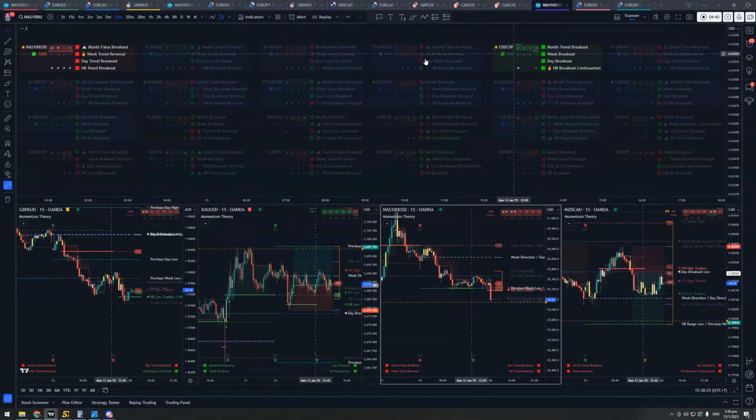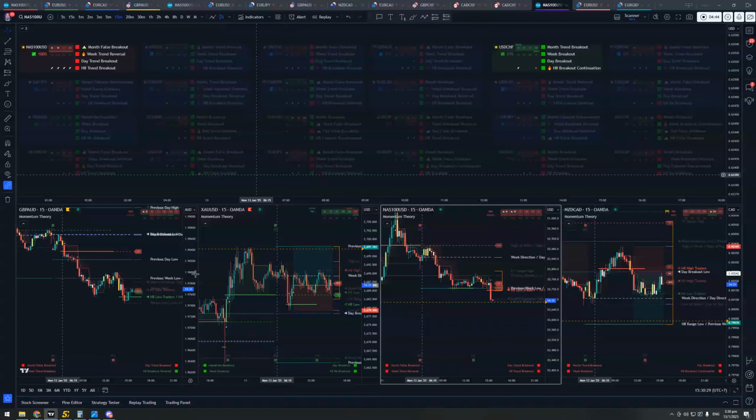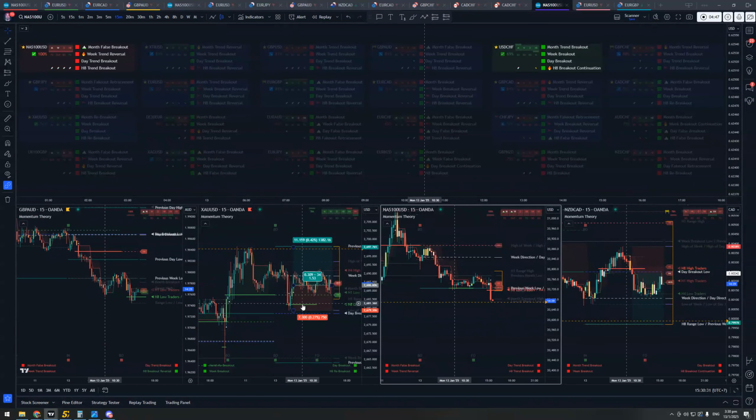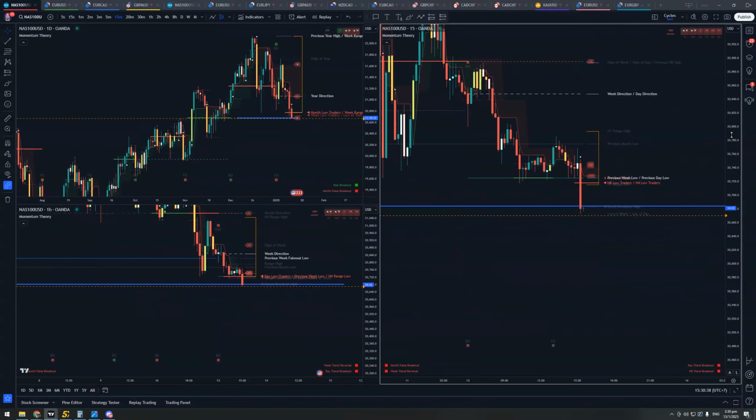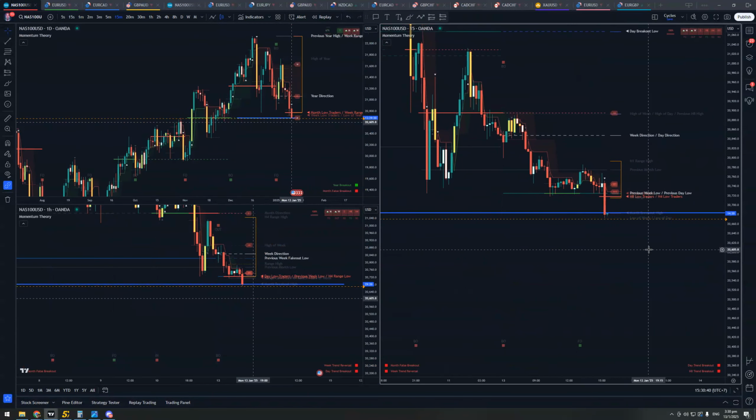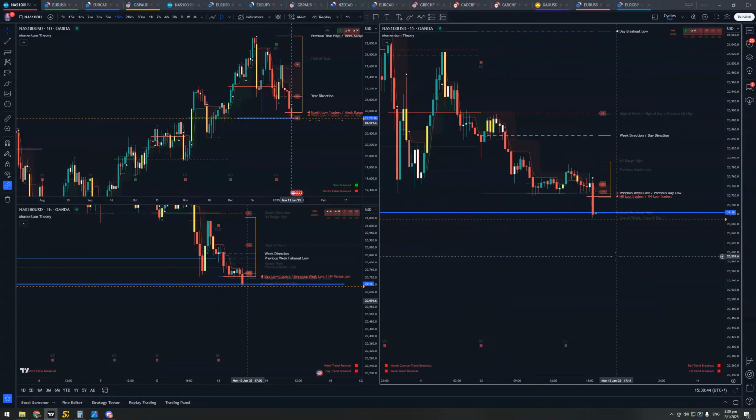See anything else? USD Swiss, still nothing set up. Lots of signal days, but nothing is currently set up. This one's pushing up.